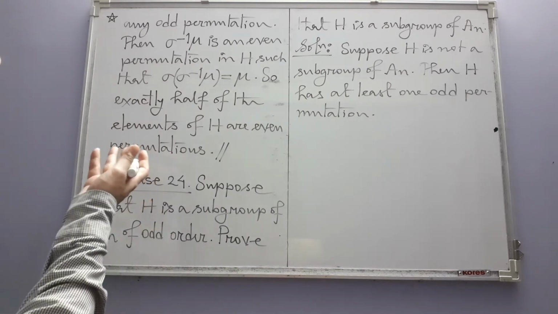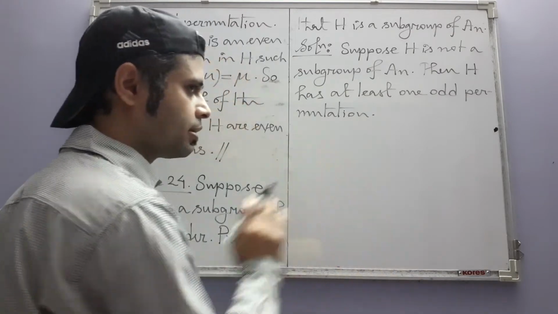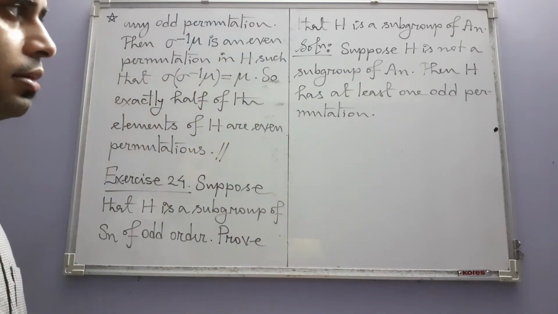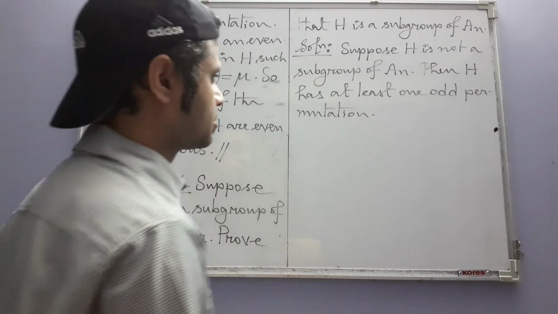But what we saw in the previous exercise, either all the permutations in H are even or exactly half of the elements in H are even permutations.